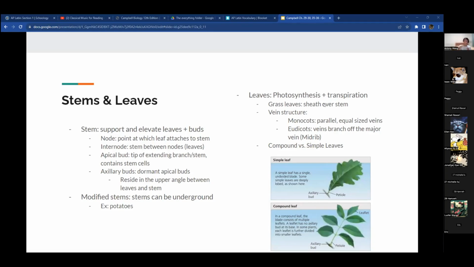So the actual blade that you see is a leaf that's ensheathing the stem. So think of it as like a sword and its sheath. I hope you can visualize this.